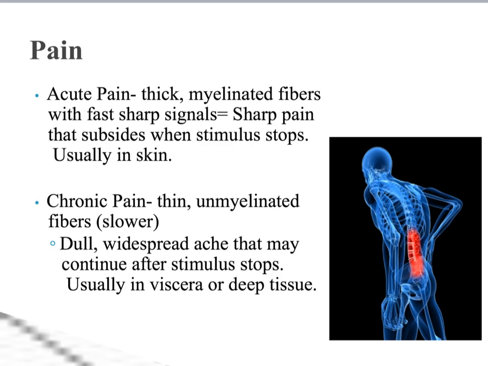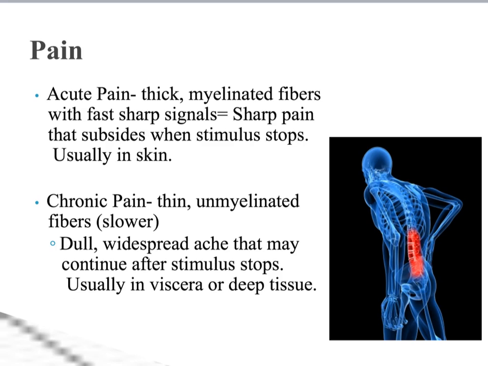And it's typically a pain impulse that's going to stop when the tissue has repaired. And those types of acute pain usually are occurring in our skin. If you've ever had road rash, you know how painful that little bit of tissue damage can be, but it's because it's all through the skin and we experience acute pain in our skin.